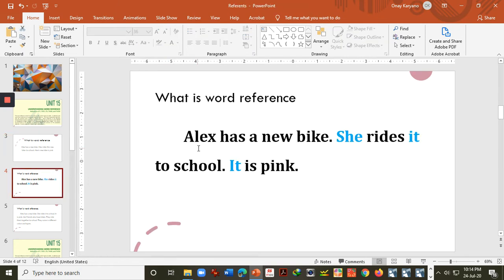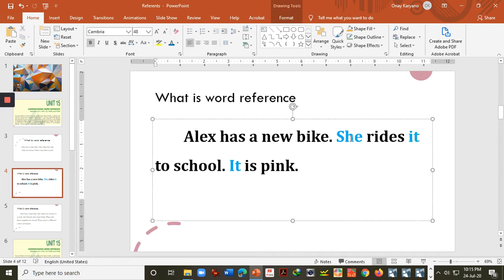So now you can start with Alex has a new bike. Now you substitute the word Alex with she, because as you know, the pronoun for Alex, who is a girl, is she. And a new bike, we can replace it with the word it as the pronoun here, right?